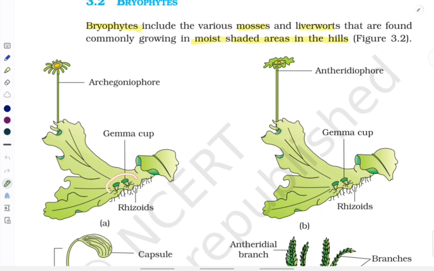Other than that, we have gemma cups, which help in asexual reproduction. We have rhizoids also. So this is what Marchantia looks like, and it comes under liverworts.